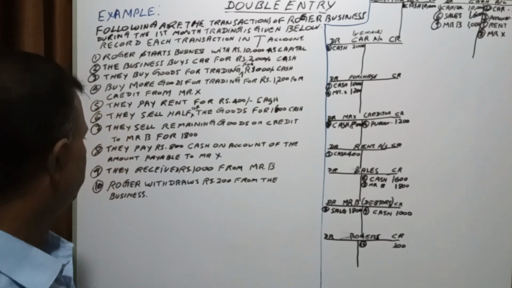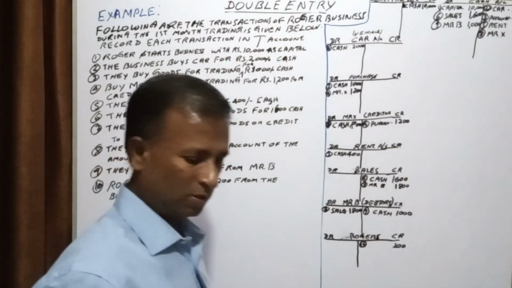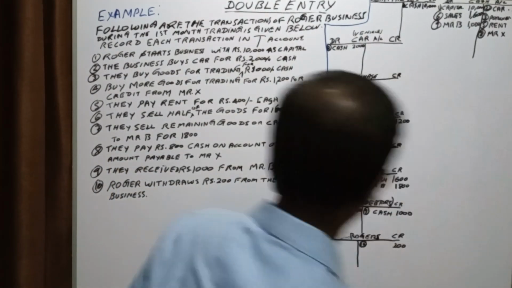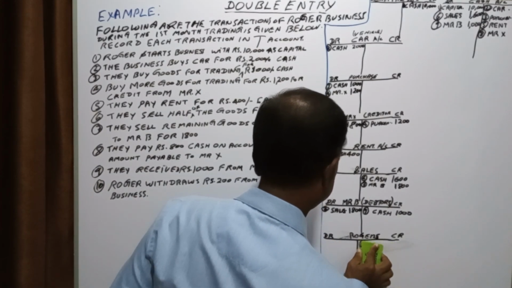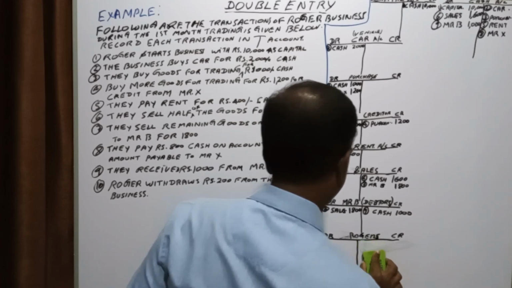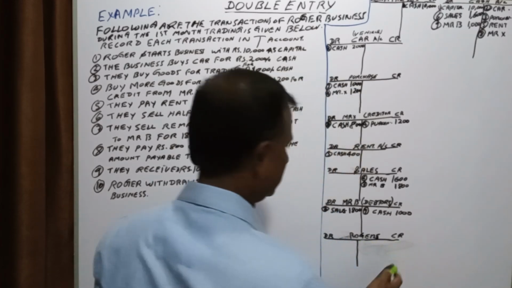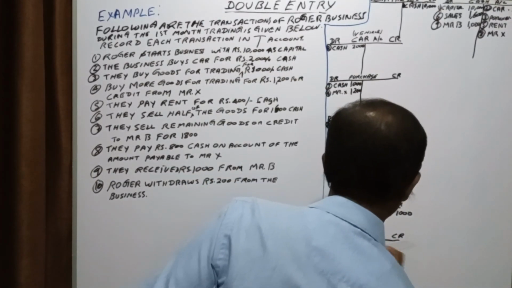Hold on, wait a minute. Roger withdraws rupees 200. Okay. There's a small mistake. Roger becomes a debtor for us, not the creditor.